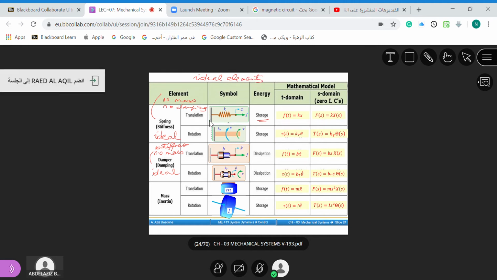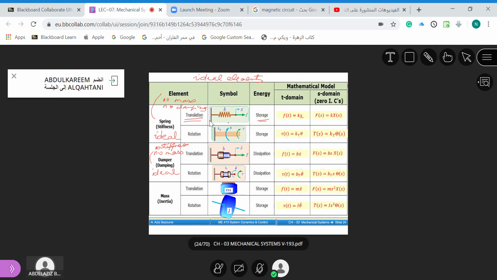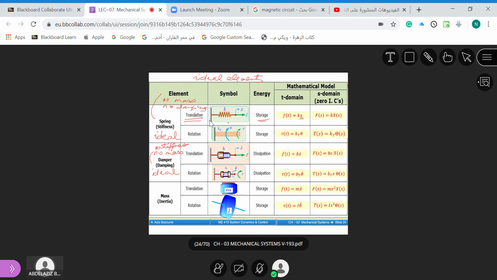For the spring, it obeys Hooke's law. F is equal to Kx, where x is the deformation, whether the spring is stretched, elongated or compressed. In Laplace domain, this will be F(s) is equal to K times X(s). For the rotation, same thing. We have storage, it stores energy.